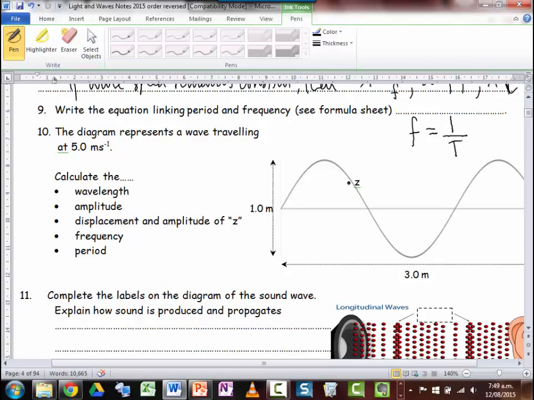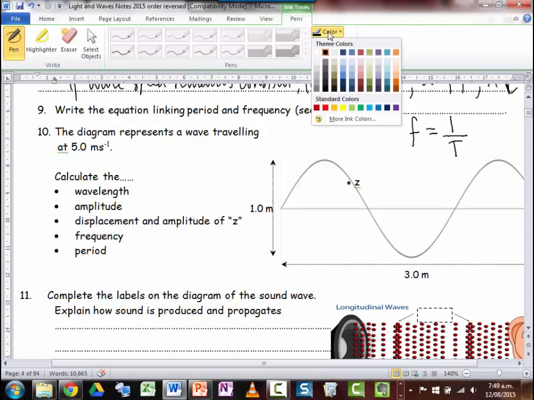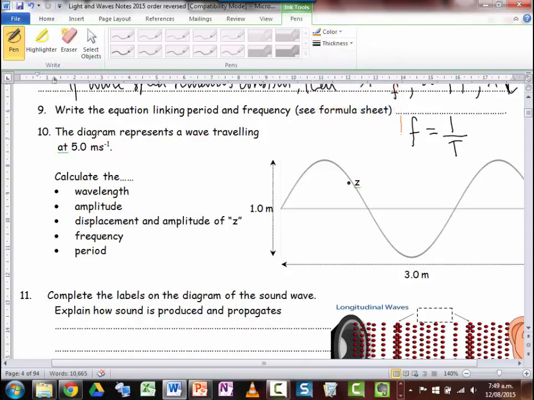So they're really just the inverse of each other. That's summarized by this equation, where f is equal to the inverse of the time period.